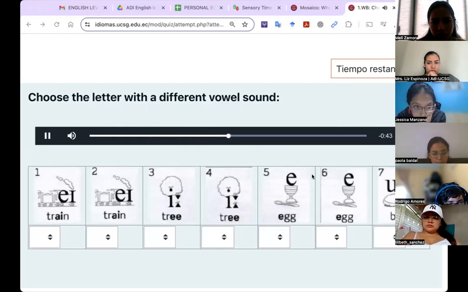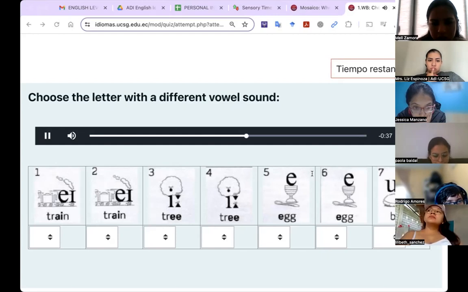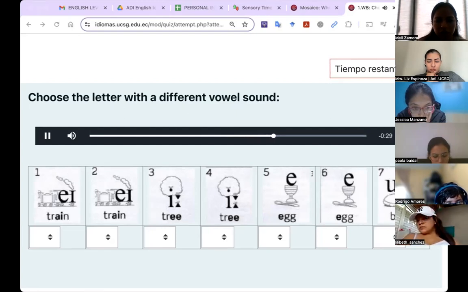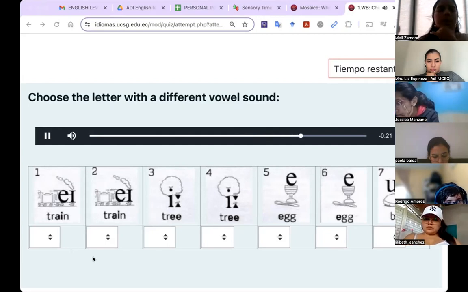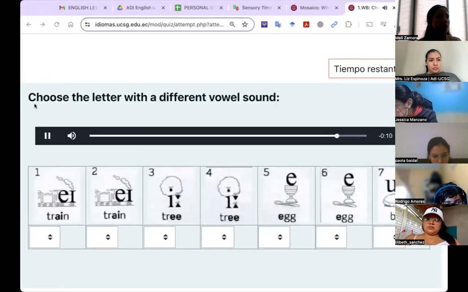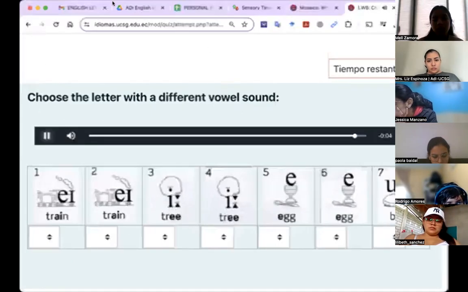Tree. E. M. C. D. 5. egg, E, N, B, F. 6. Egg, E, X, S, K. 7. Boot, U, Q, I, U.